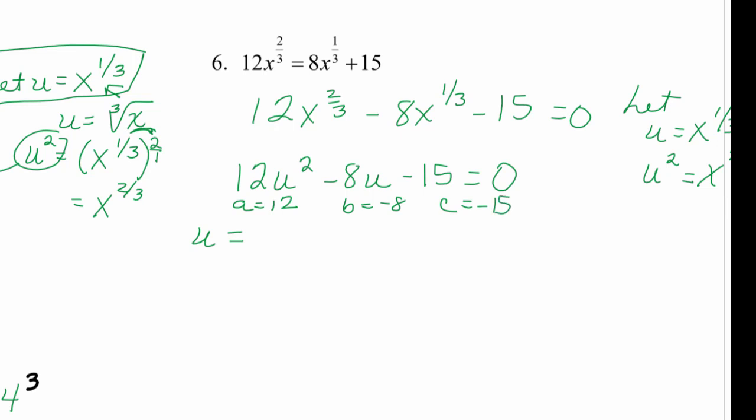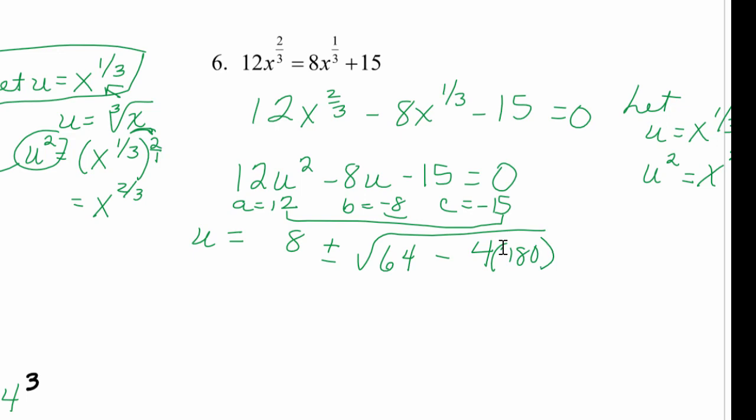So u equals the opposite of b, so that's 8, plus or minus the square root of b squared. B squared is -8 squared, which is 64, minus 4 times 12 times c, negative 180. All over 2 times a, which is 24.